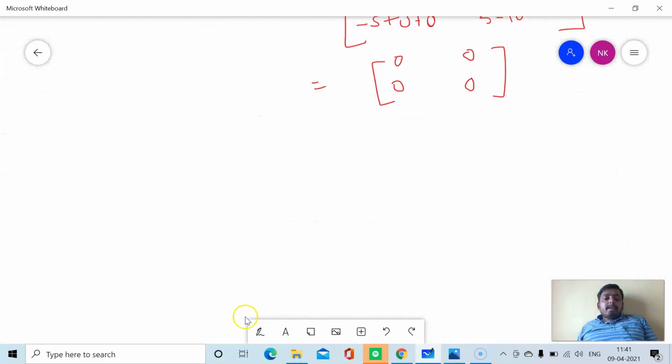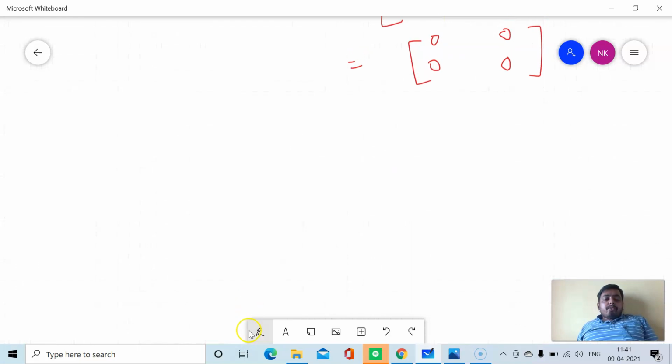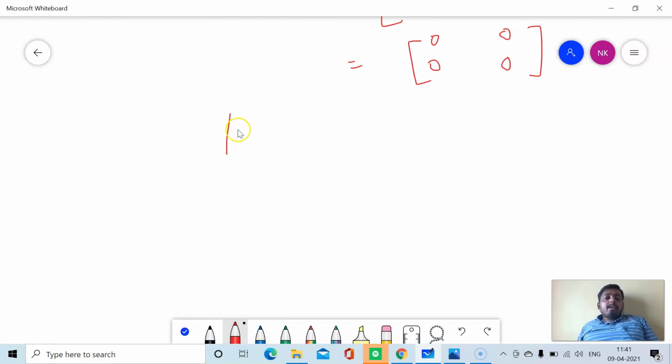Now the second step is you have to find A inverse. So we know that for finding A inverse you have to first find the determinant of A. That is the determinant of 3, 1, minus 1, 2.